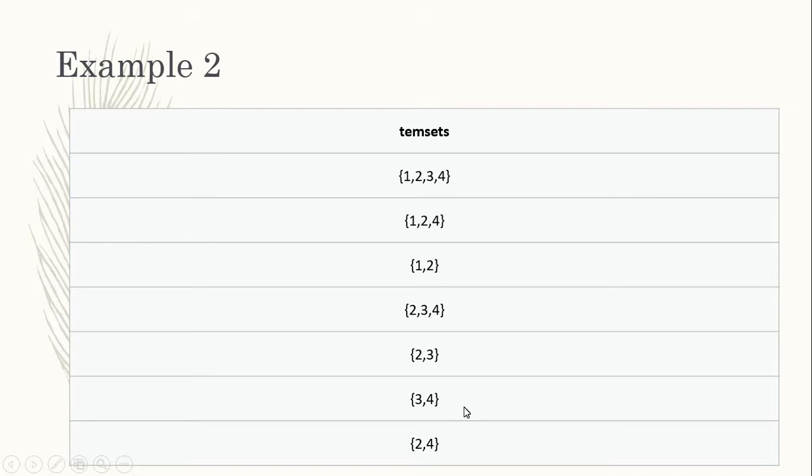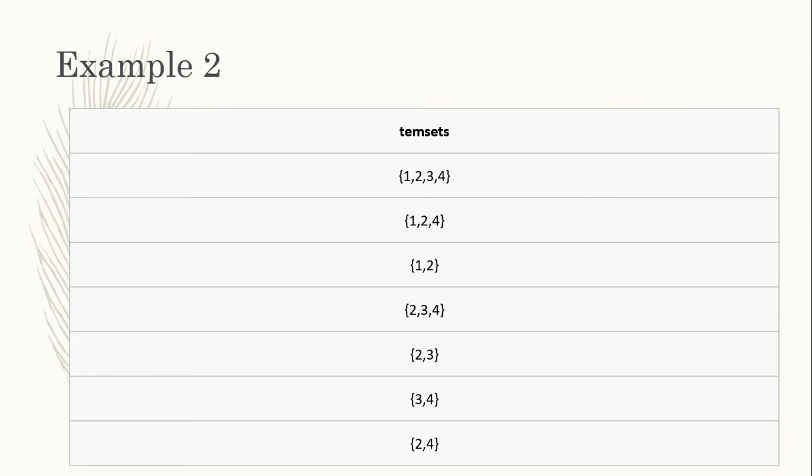We will use the Apriori algorithm to determine the frequent item sets. We have only four numbers, 1, 2, 3 and 4. Our first step is to find the frequent item sets of this database.